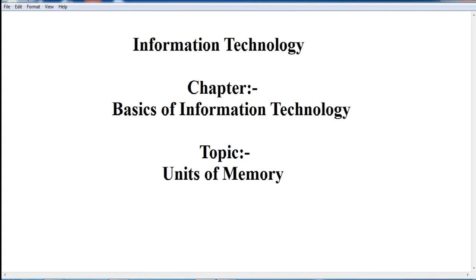What does that mean? The gate means the logic gates. The computer performs operations by logic gates, and the logic gates are the AND gate, OR gate, NOR gate, and so on.